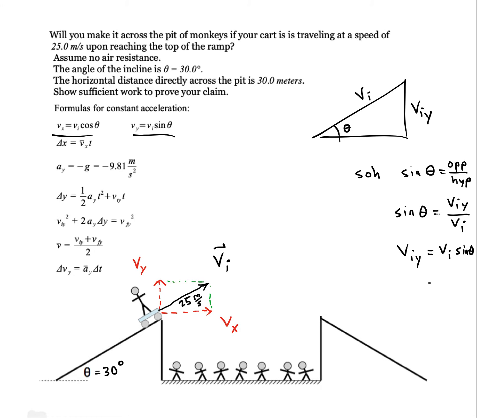All right, and then for cosine, cos theta equals the adjacent over the hypotenuse. The adjacent is Vix. Therefore, Vix is Vi cos theta. All right, so let's use those formulas now to find out Vx and Vy.